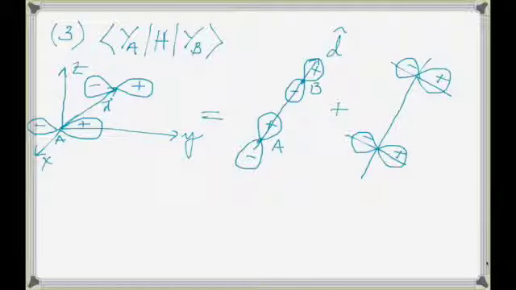And since I'm now projecting two identical orbitals onto the d axis, I'm just going to get a cosine squared for the sigma bond.